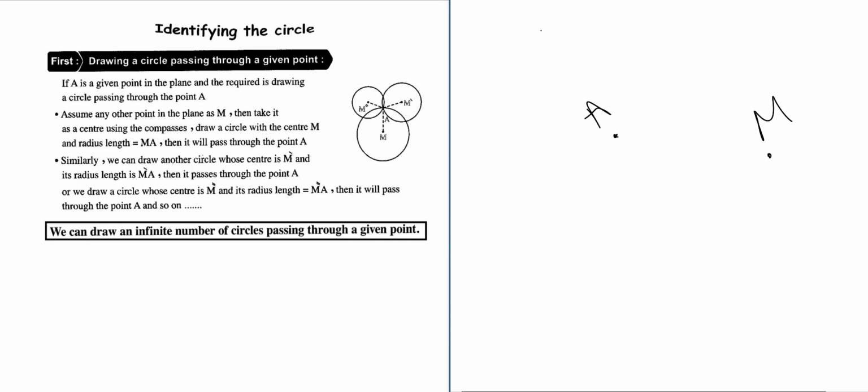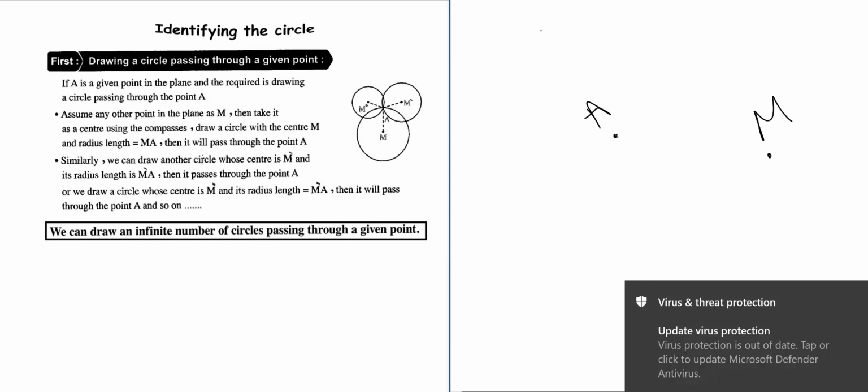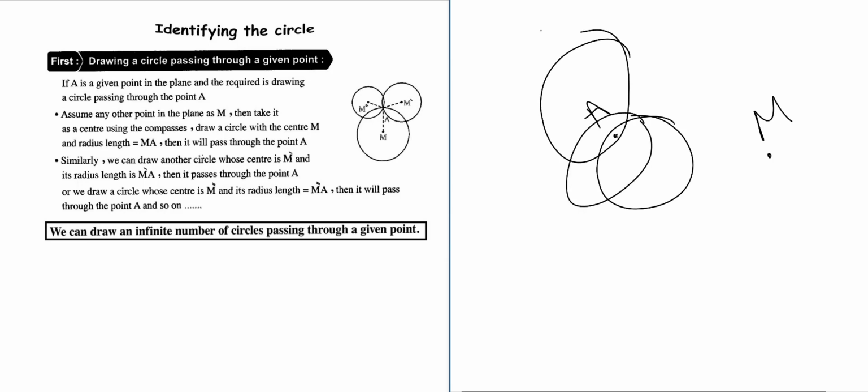Now we have many circles that can pass through this point, like this circle and also another circle and also another circle. But if we define the radius length, then we can draw only one circle from M to A. Then from the previous figure, showing here this figure, this point is A, and the number of circles that pass through this point is infinite.